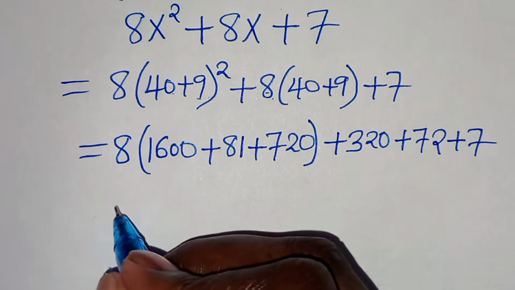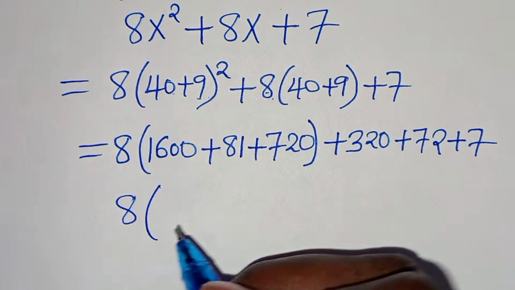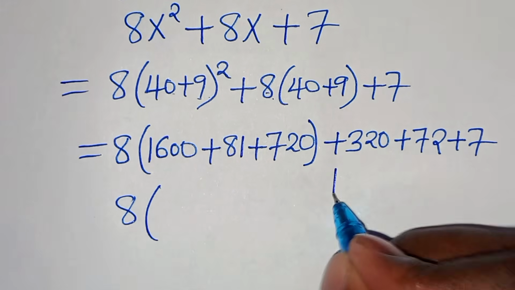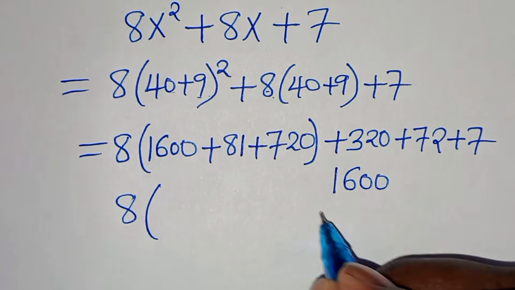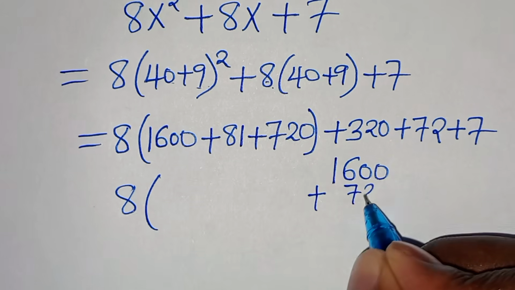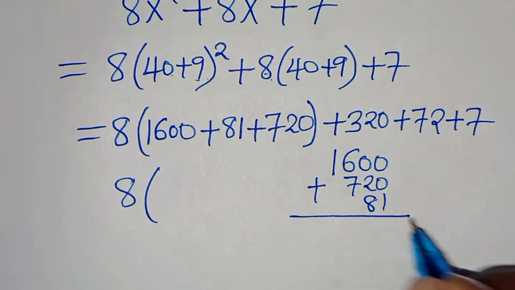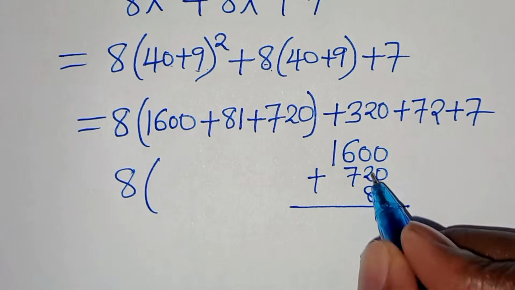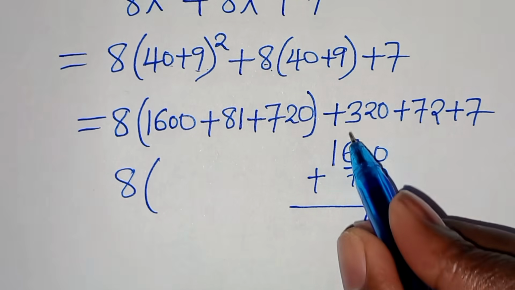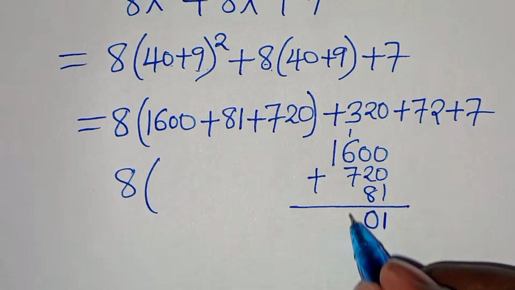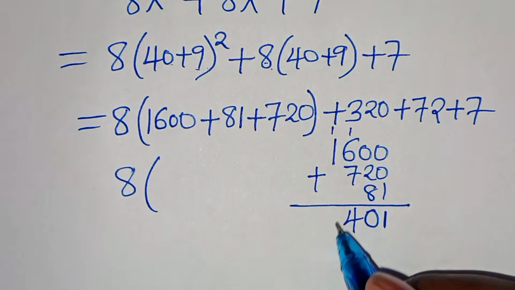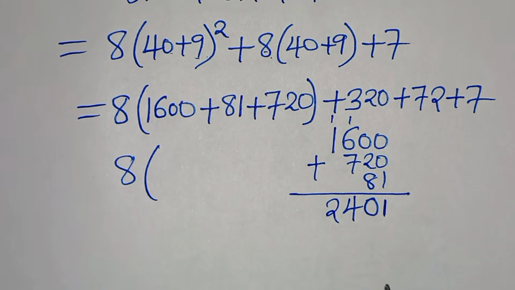So this is 8 multiplying by, now this is 1600 plus 720, then plus 81. So this is 1. 8 plus 2, this is 10. Carry 1 here. This is 7 plus 7, this is 14. Carry 1, so we have 2401.